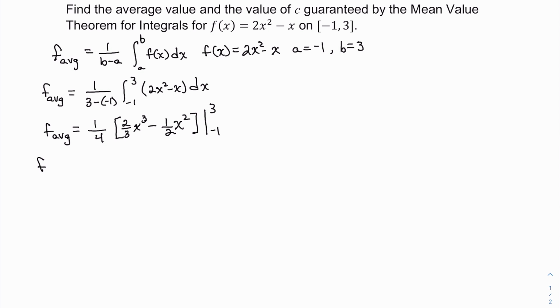Doing the same process. And then this is evaluated from x equal -1 to x equal 3. Plugging in the upper limit of integration minus the lower limit, we have our 1/4 times 2/3 times 3 cubed minus 1/2 times 3 squared, and then that in parentheses minus open parentheses plugging in the -1.